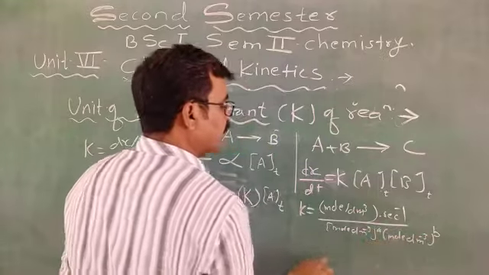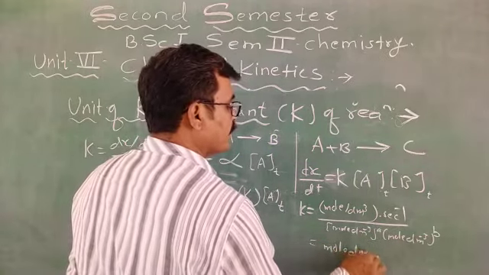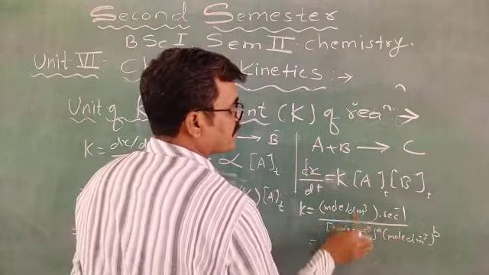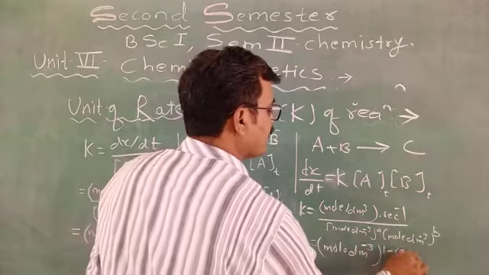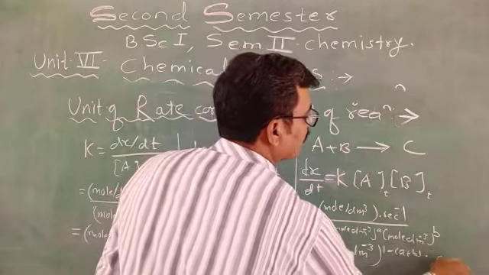Here the powers are a and b, and all these three terms are the same. So it is moles dm cube raised to 1 minus a plus b, into second inverse. This is the unit of the rate constant K.